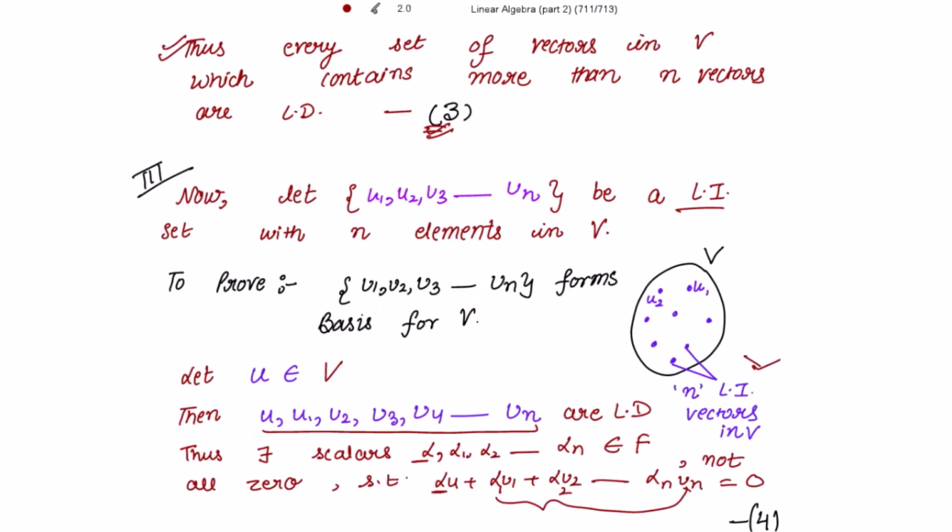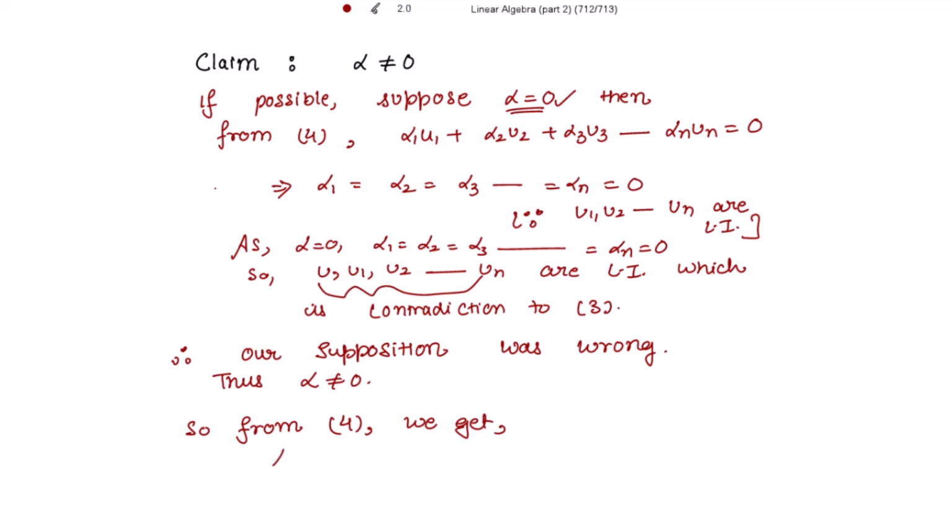Again from 4, if this is non-zero, let's take the remaining ones to the right hand side. So alpha u is equal to negative alpha 1 u1, negative alpha 2 u2, negative alpha 3 u3, and so on up to negative alpha n un. Fine.